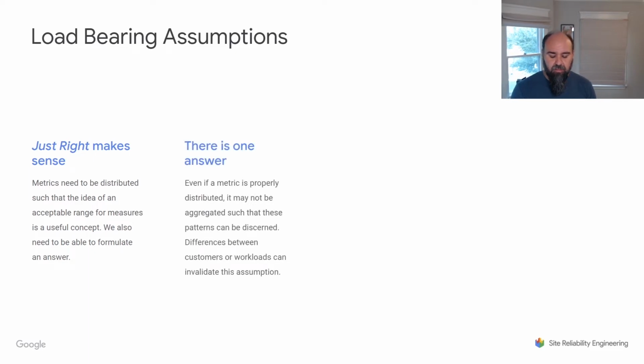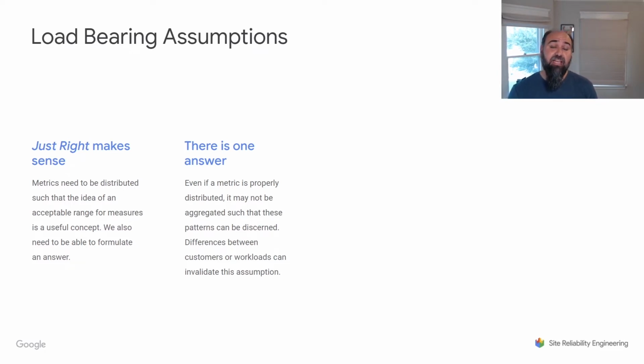So the second assumption that we make here is that there is one answer, right? So the idea that you could choose just right one time and end up with something that makes sense. Now, even in cases where these metrics are properly distributed, you can run into problems where you're aggregating lots of different kinds of things together.